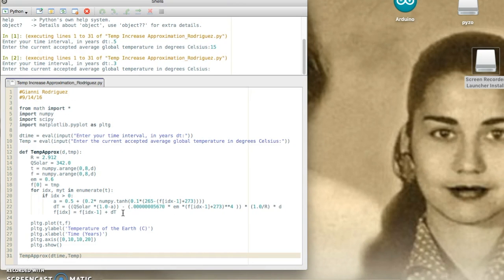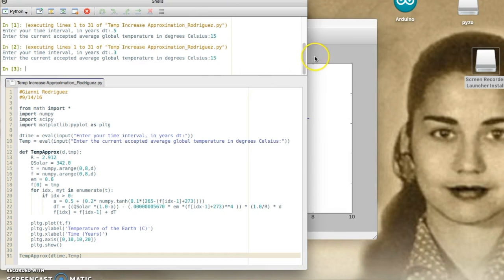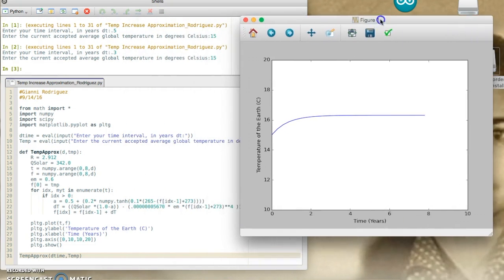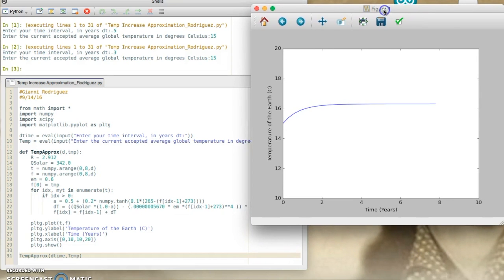However, the user will use something a little more standard like Celsius, and the program will actually convert into Kelvin by adding 273. In my run-ins of this, I've put in about 15 degrees Celsius, press enter, and here is the output graph.